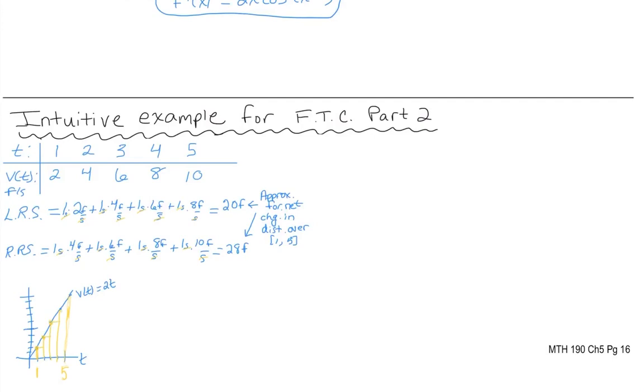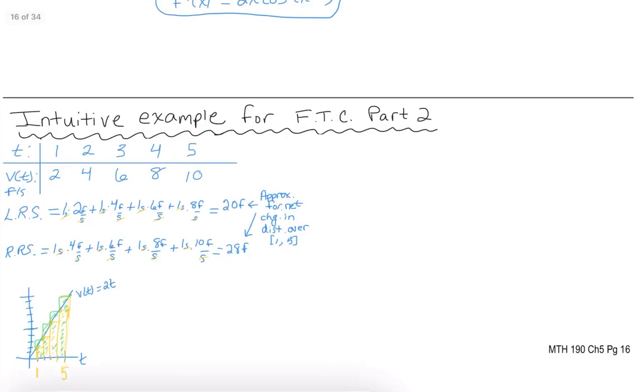And so we have an underestimate in one case: the left Riemann sum in this case is a lower estimate. If we were to look at our right Riemann sum, this is giving us that overestimate. All right, and so we know the actual area is going to be somewhere in between 20 and 24.